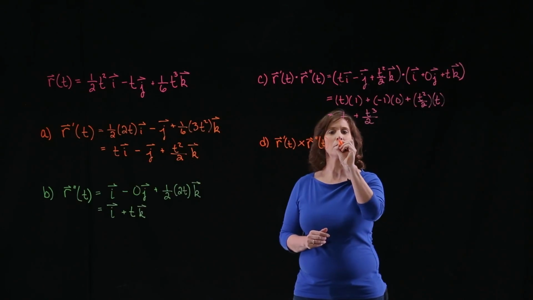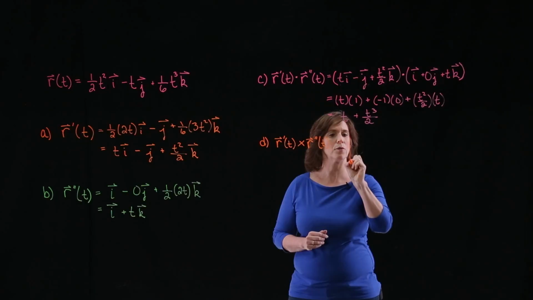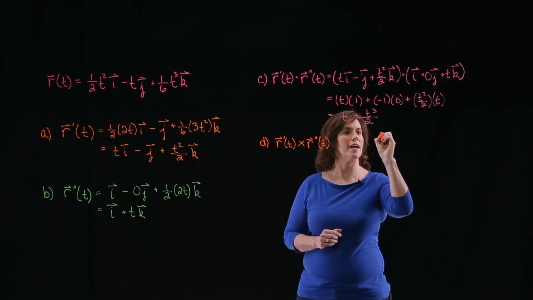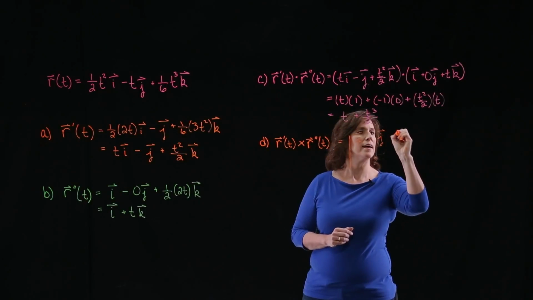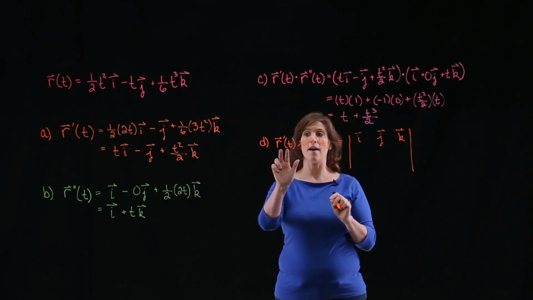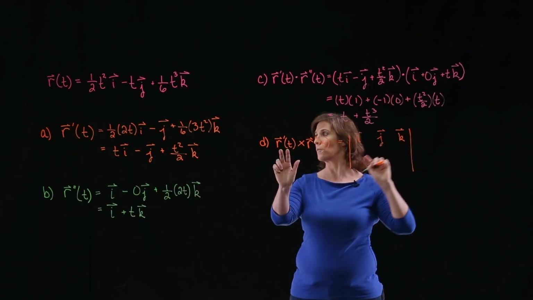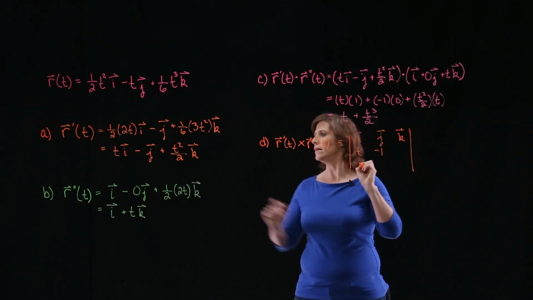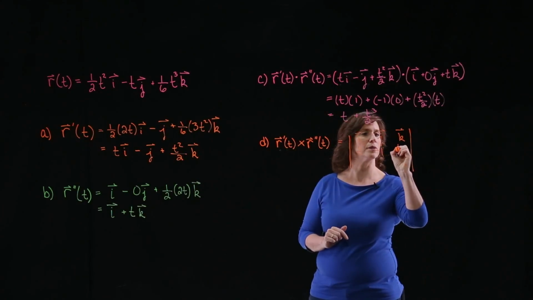So to set up my cross product, remember, I'm going to use a determinant form with vectors i, j, and k in my first row, and the components of r prime make up my second row. So that will be a t, a -1, and a t squared over 2.